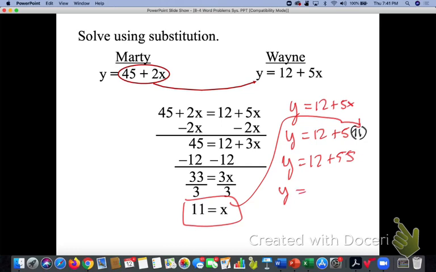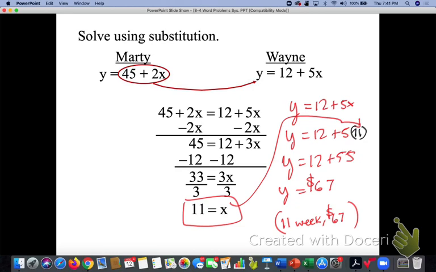When I add that up, I actually get 67. And remember, y represented our savings, so it's $67. So at 11 weeks, they both save $67.